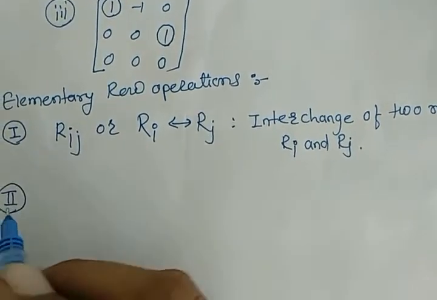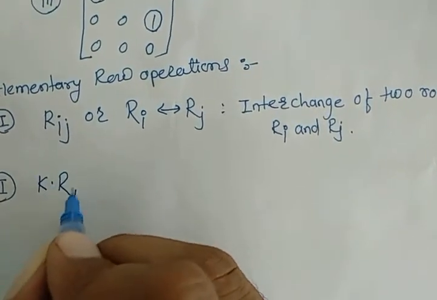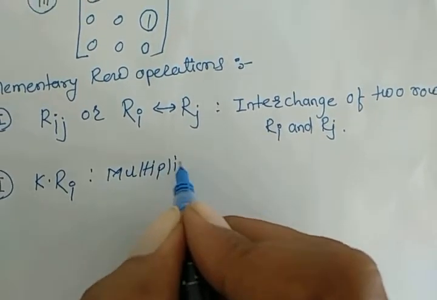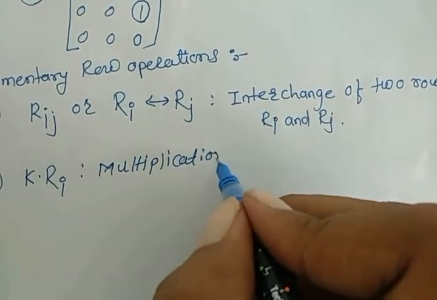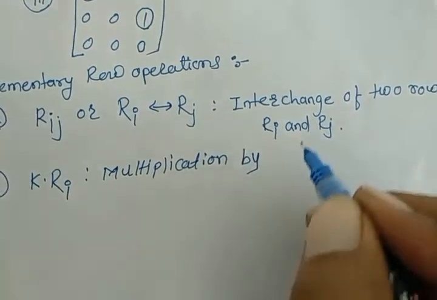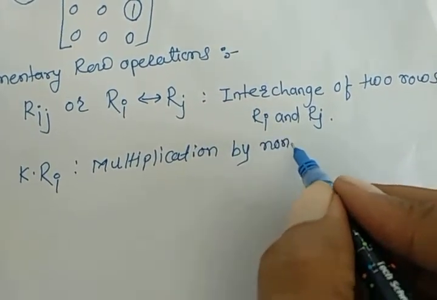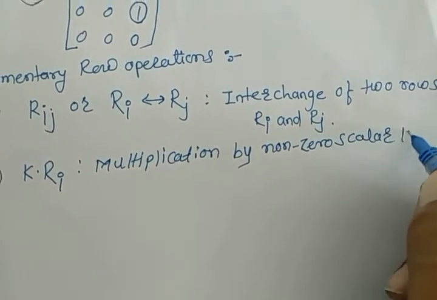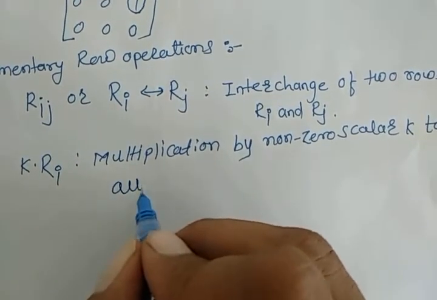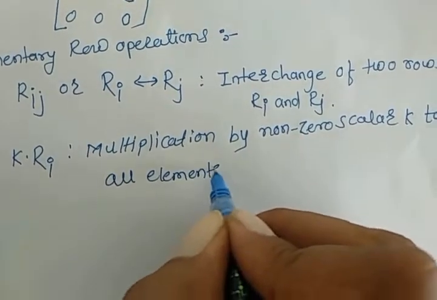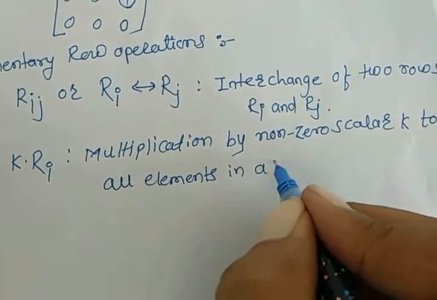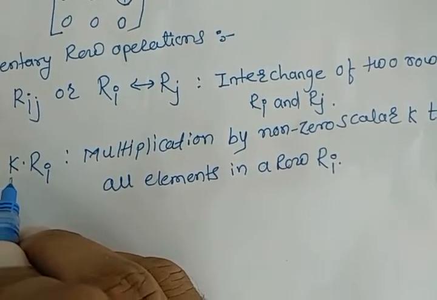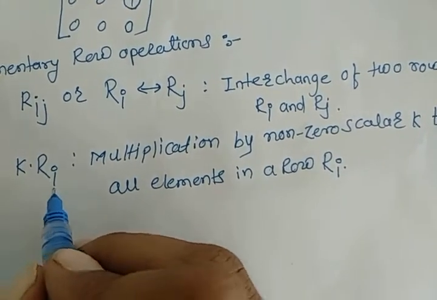Next, the second row operation is k times Ri, which is multiplication by a non-zero scalar k to all elements in the row Ri. Okay, we have to multiply all elements of the Ri row by a scalar k.